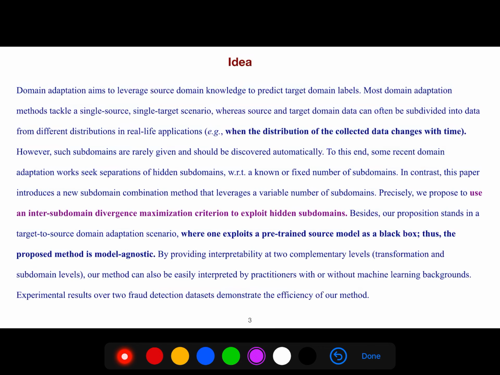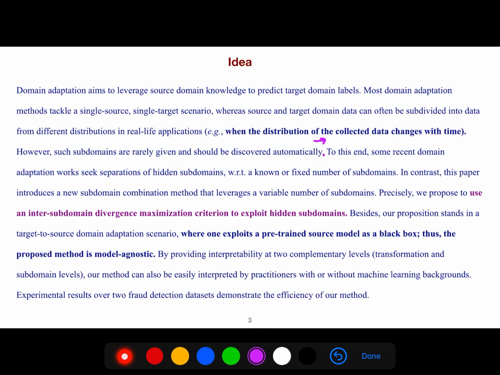I mean, there are some papers that first do domain discovery, for example, using mixture of Gaussians or, let's say, k-means, or a combination of k-means and mixture of Gaussians. And then once they get their sources, they start domain adaptation. Okay, let's carry on.